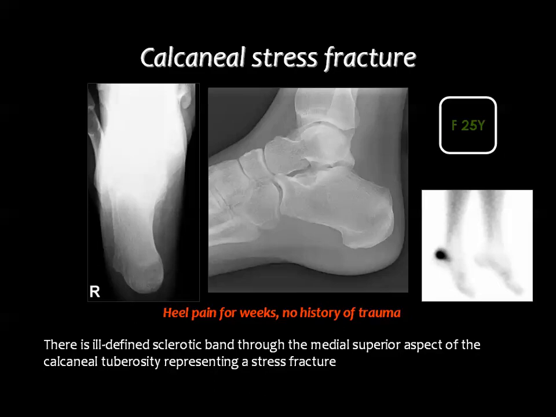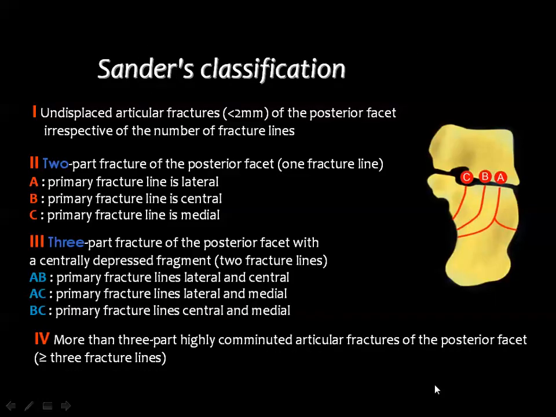Calcaneus is also one of the sites for stress fractures, and this fracture is difficult to appreciate in the plain X-ray. You may see just a dense line in the back of the calcaneus, as you can see here, but it is well documented by the bone scan, and of course MRI is the best way for demonstration of these types of stress fractures.